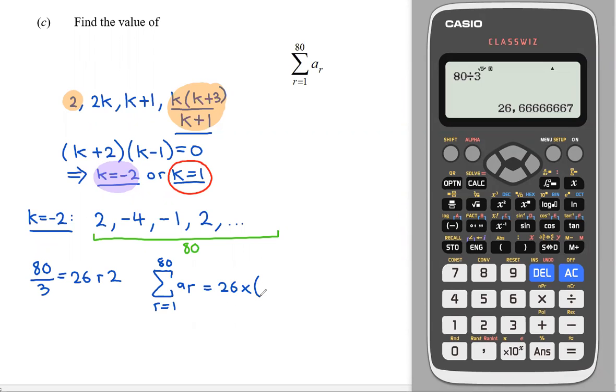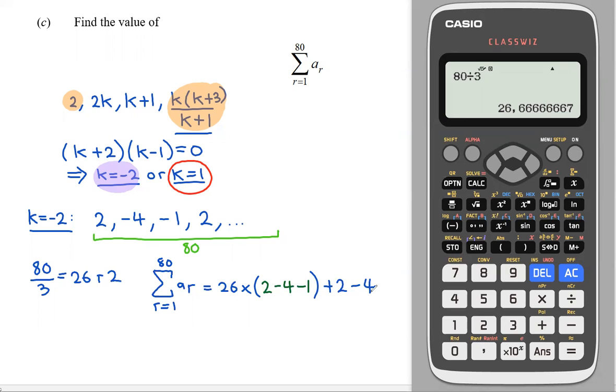So we have to add up the first grouping of 3, and there's going to be 26 of those. So that's going to be 2 - 4 - 1. If you add up the first 3 terms, there's 26 of those. But because we have a remainder 2, we're going to have to add on the first two terms again because it repeats in cycles of 3. So that's going to be +2 and then -4.